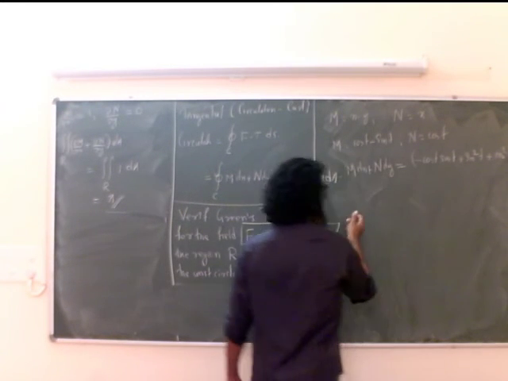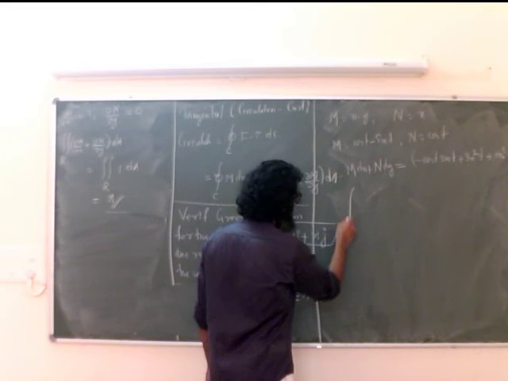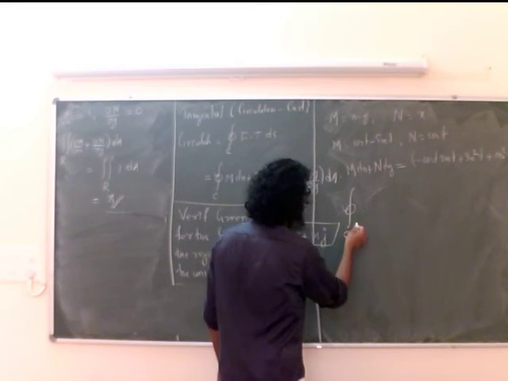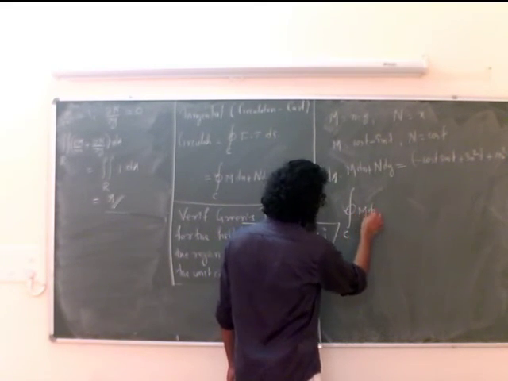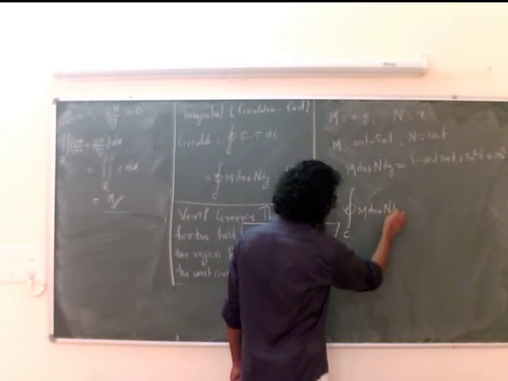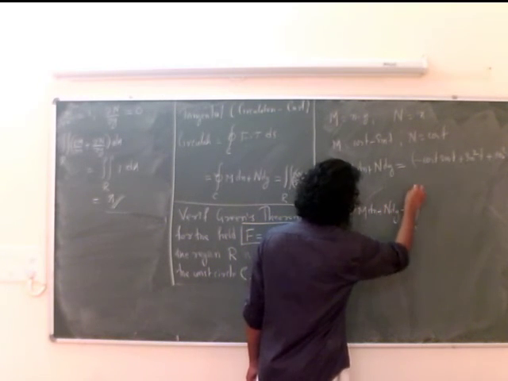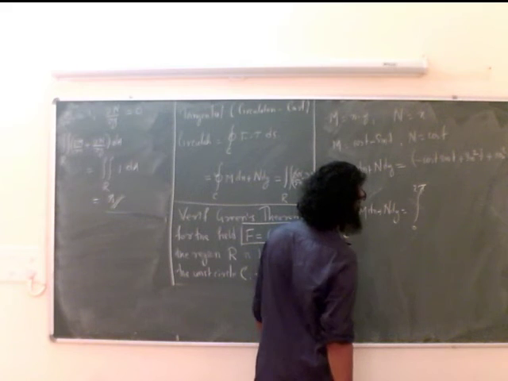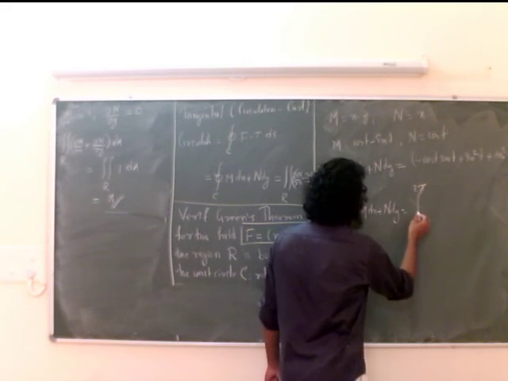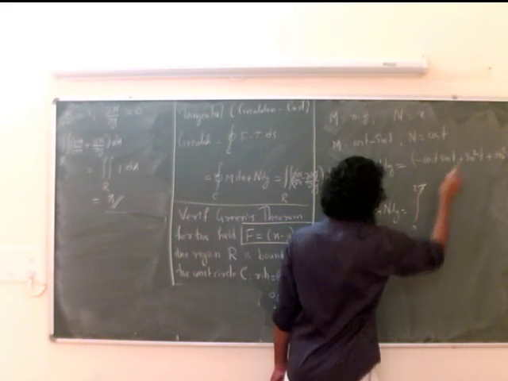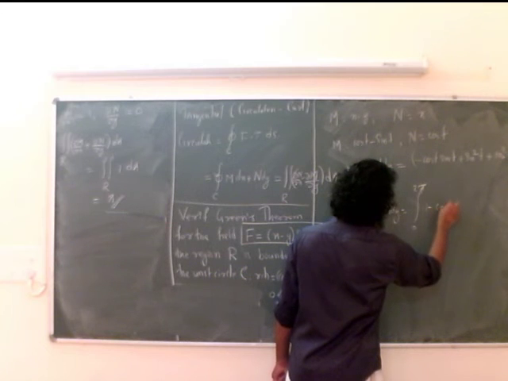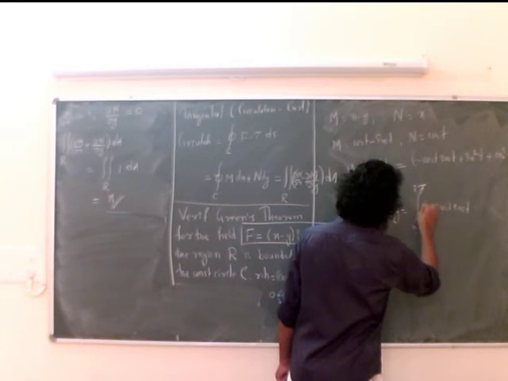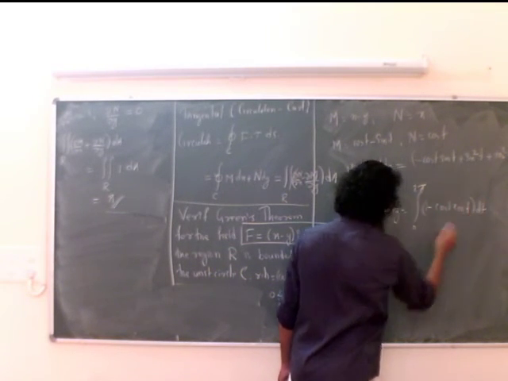So you have the integral over C of m dx plus n dy equal to the integral from 0 to 2 pi of 1 minus cos t sin t dt.